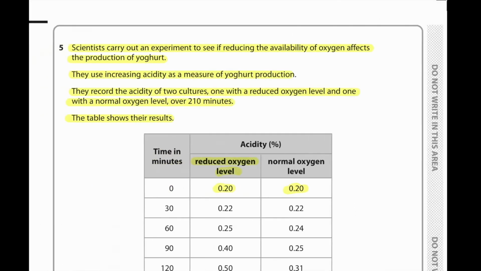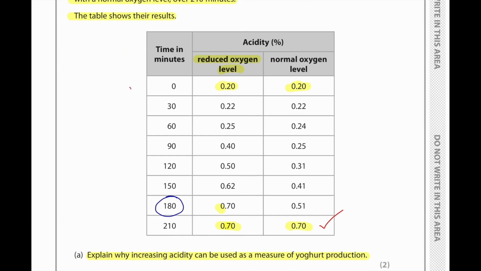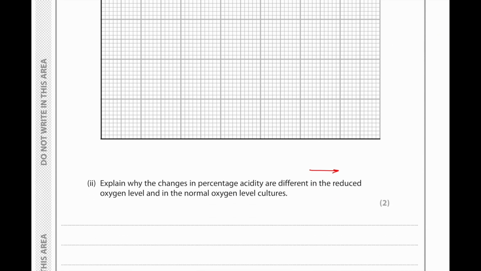Whenever we are given a graph, we must understand that on our x-axis we write our independent variable, the one that we can change. In this case the independent variable is the time. We can choose the time when we are going to measure the percentage acidity. So we will name it time.